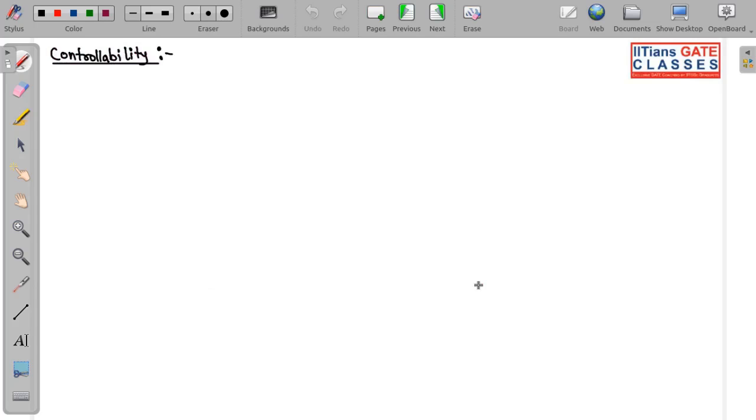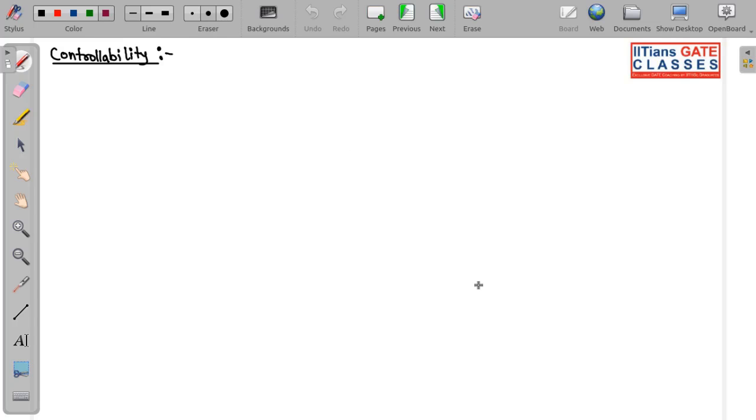Now the next concept that we have is controllability and observability. What do we mean by controllability and observability? What are we trying to control over here?